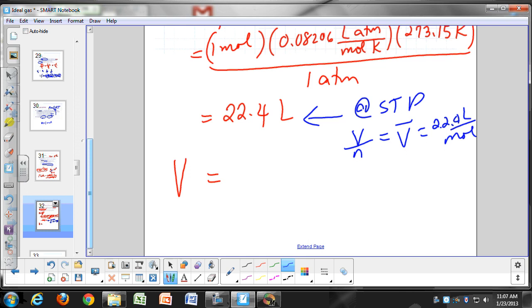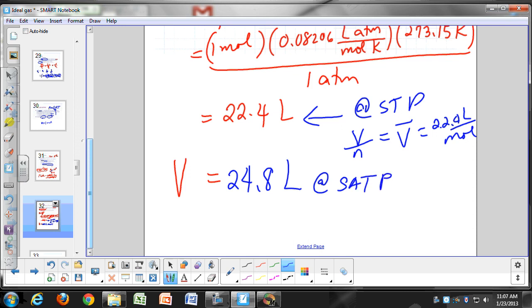What would be the molar volume at SATP? If you did the calculation, this is a good number to remember, 24.8 liters. So about 25 liters is the molar volume at SATP.